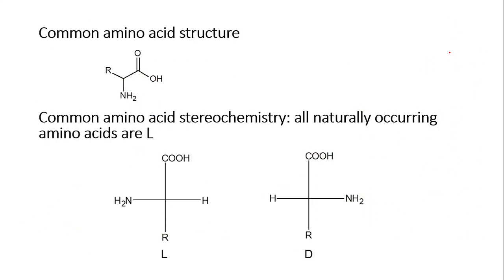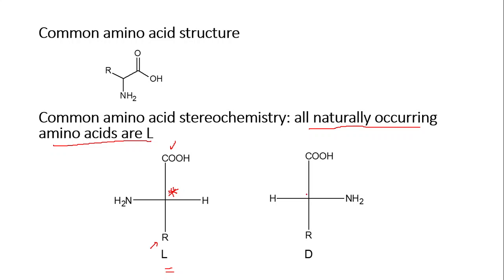So why do we learn this? If you write amino acid structures in a Fischer projection, all naturally occurring amino acids are L. This is the most oxidized carbon, the side chain is at the bottom, and the H is on the right side, meaning this is L. Most amino acids have only one optically active position, one chiral center.